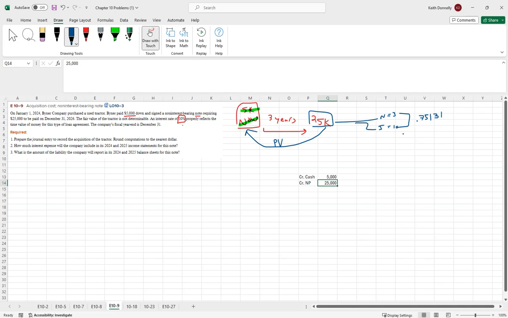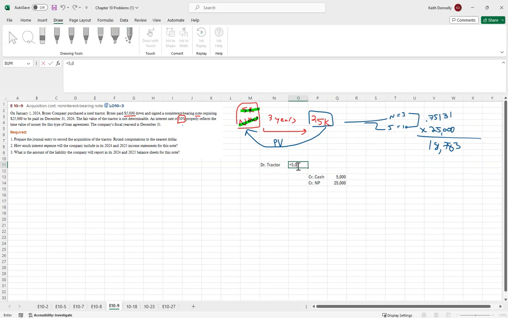So if we do 25,000 times that present value factor, and we round it, it's going to be 18,783. Okay, so what's the deal? What do we got to go on here? We got to do debit tractor. In this case, you got to think about it.